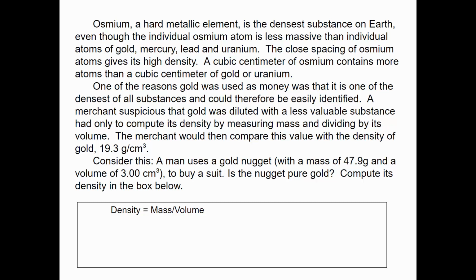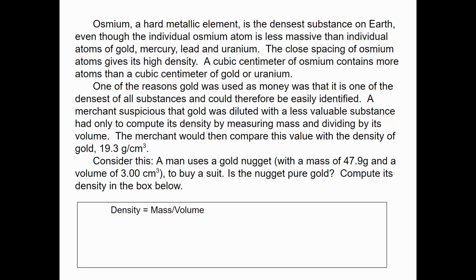So to check and see if gold is legitimate, you can calculate the density of an object and compare it to the known density of gold. The density of pure gold is 19.3 grams per cubic centimeter. Very dense. So let's say a man comes in and wants to buy a suit with a gold nugget.